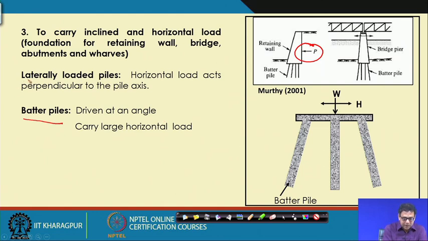And what is the laterally loaded pile? The horizontal load works perpendicular. So, this is the horizontal load which is perpendicular to the pile axis. So, this is the pile axis and this is perpendicular to the pile axis. So, this is horizontal. If it is at an angle, then this is called the inclined load, and this is called the lateral load, the horizontal load.